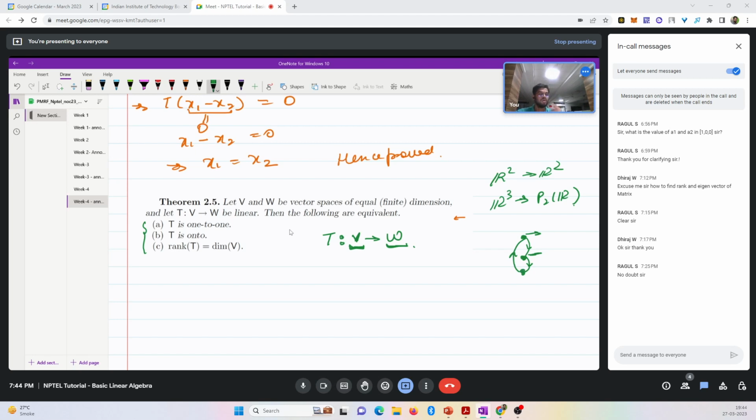Or you can form a loop in any other way. You can go from here to here and then here to here. This way also you can go from anywhere to anywhere, right? So there are numerous ways to prove three statements equivalent.